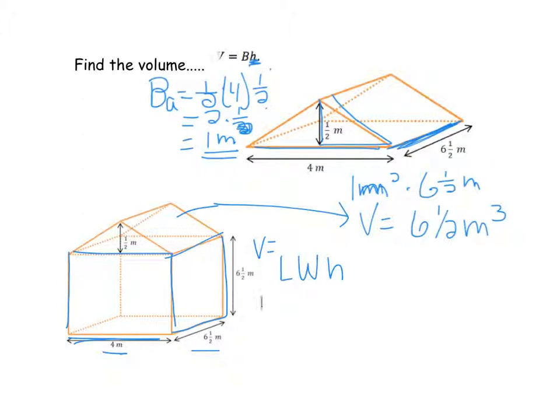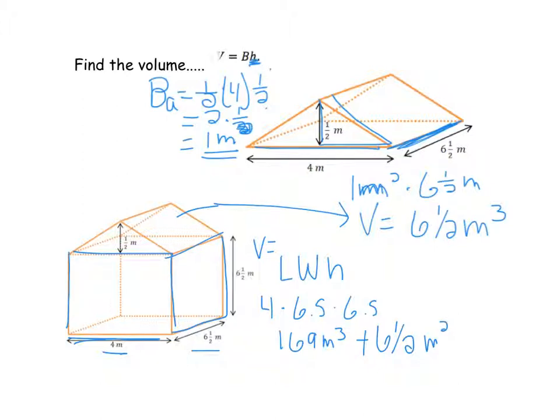Alright, so when I take 4 times 6.5 times 6.5, I came up with 169 meters cubed. But remember, it's early, so please double check my work. So now I have the volume of the bottom, and I have to add to it the volume of the top, which we came up with as 6.5 meters cubed.